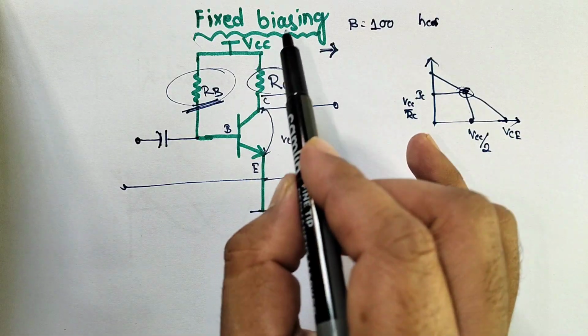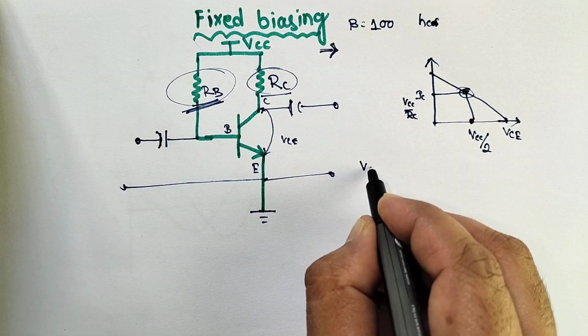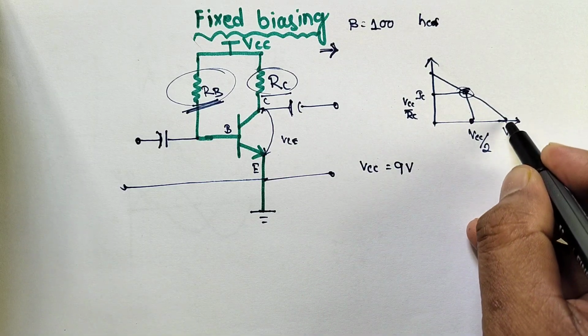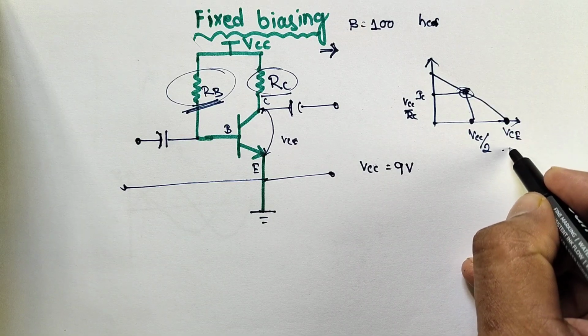Suppose for this example we take VCC equal to 9 volt, so the DC point is at maximum 9.